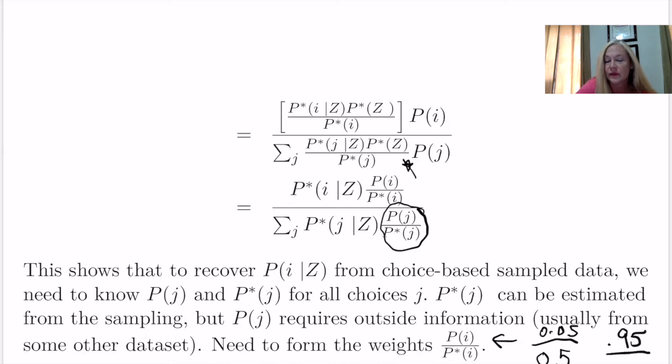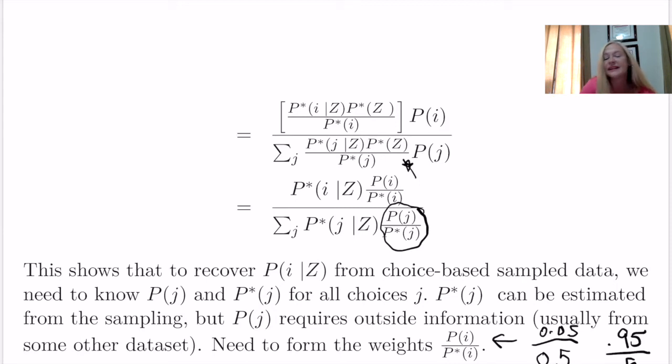For the other group, it would be 0.95 divided by 0.5. So some observations receive a bigger weight and some receive a smaller weight.